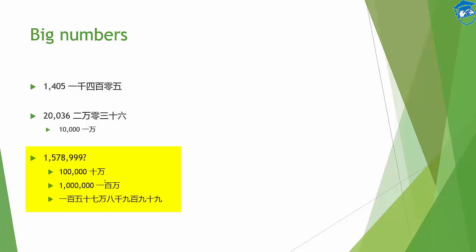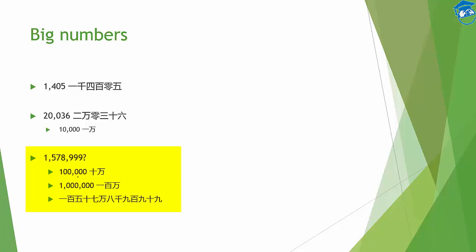Okay, same goes for the next one, adding another digit like 1,000,000. It is 100 of 10,000 here, so it's 100 of 万 here. This number we call it 百万. So let me just repeat again. So 40 is 四十万, 50 is 五十万.